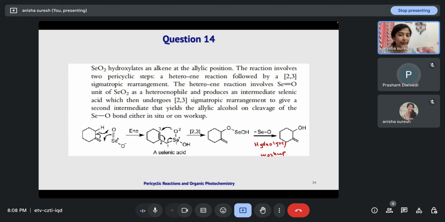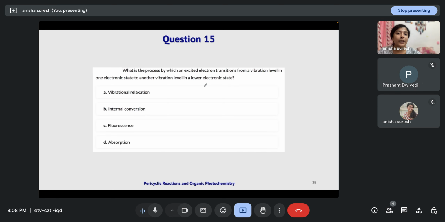Okay, so this is the mechanism for allylic oxidation using SeO2 as a reagent. Now coming to the next question. These are some questions based on the Jablonski diagram.